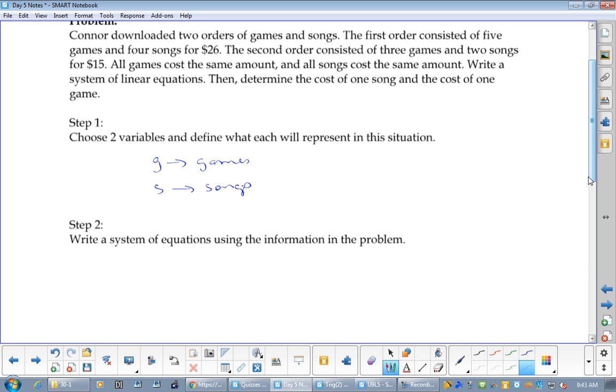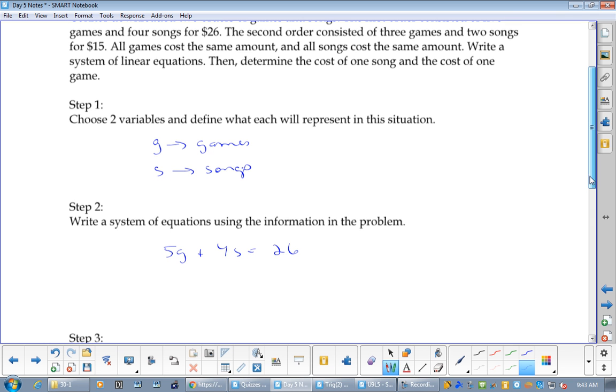Okay, so the first sentence would be 5G plus 4S equals 26. The second, 3 games plus 2 songs equals $15.